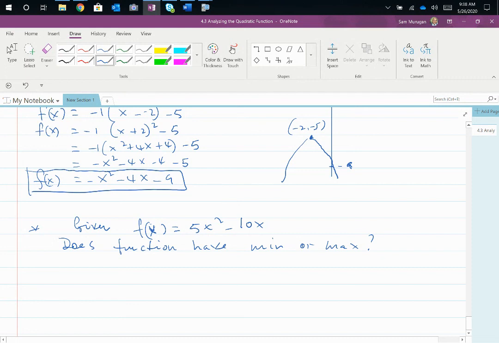So the a value is equal to 5, which is a positive number, so the graph is turned upwards. So this graph has a minimum point.